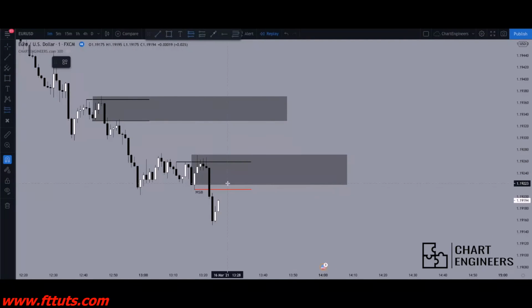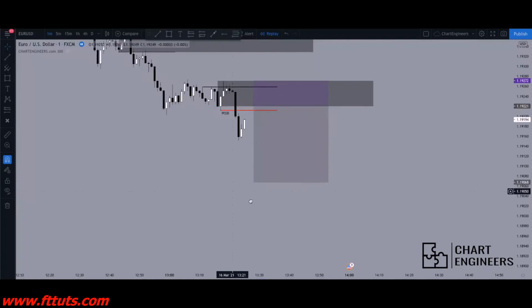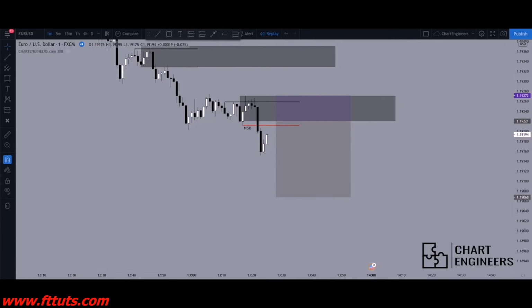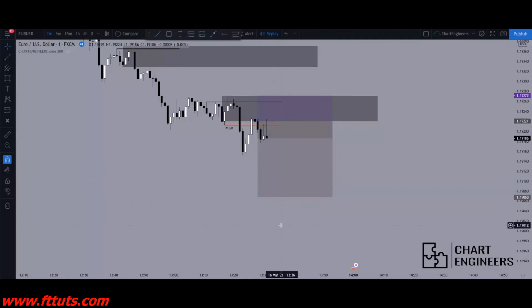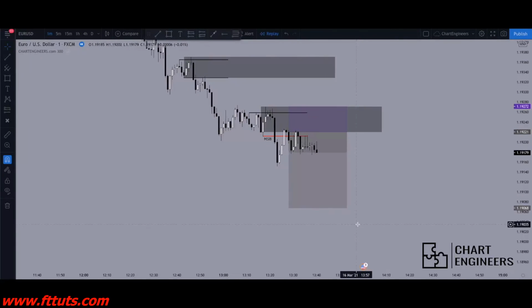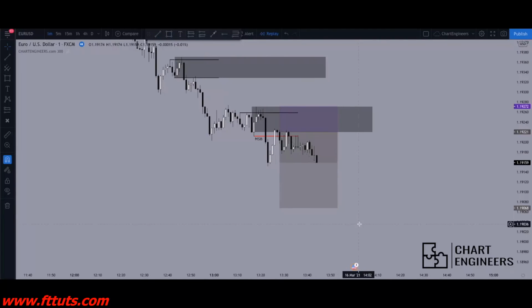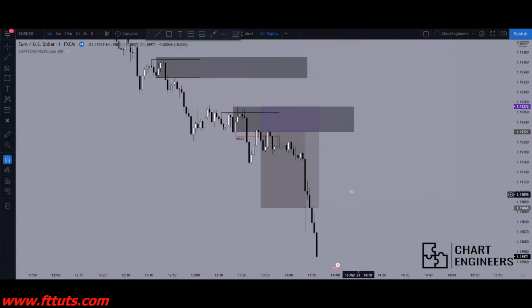Set your limit, with your stops above the breaker zone and your 3R TP, and you see that price comes back, tags you in, and then you hit your TP.